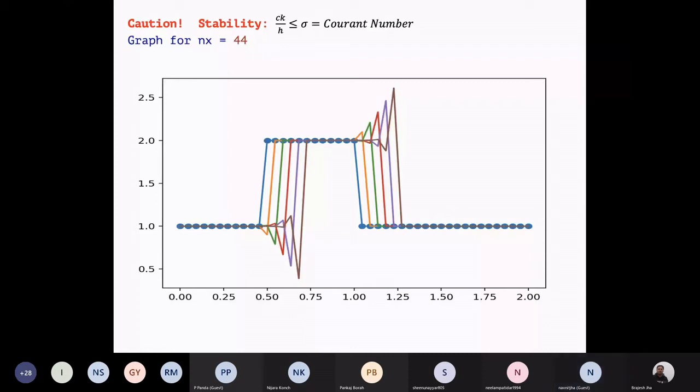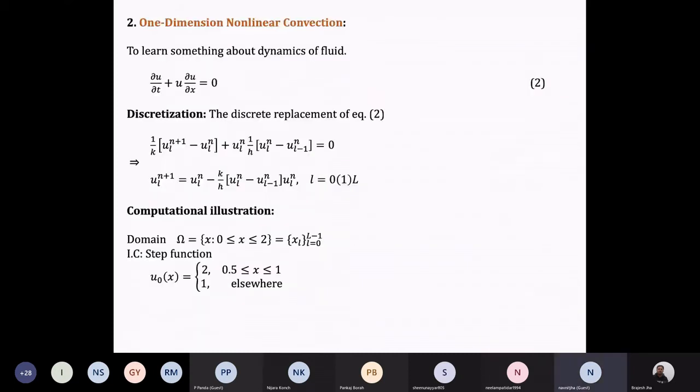Now, we are moving to one dimensional non-linear convection. It is del u by del t plus u del u by del x. In the earlier equation, we had c instead of u.